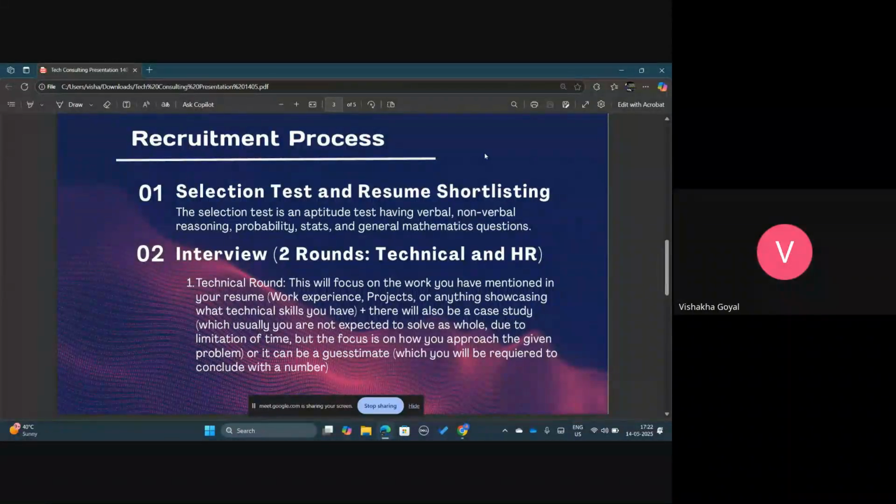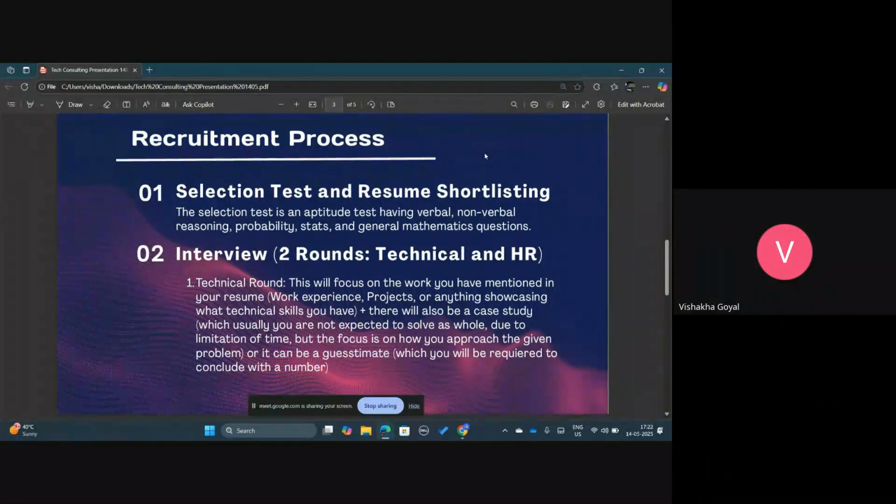It tested your mental ability skills and general mathematics, like probability and stats questions. So it was, we'll say, a kind of easier test as compared to other coding tests that you give. And the second major part is resume shortlisting. On the basis of these two components, they give you a shortlist for the next part, that is the interview.